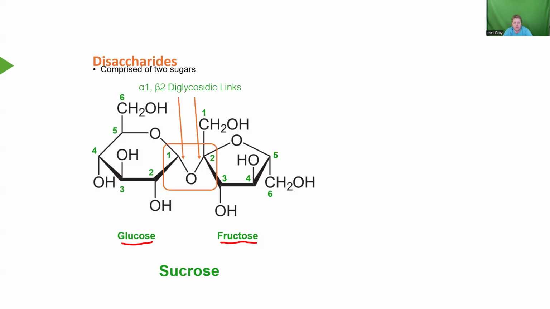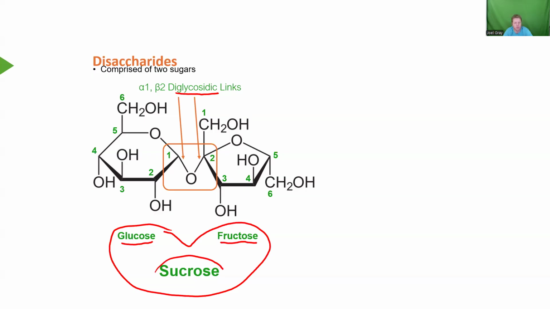Now, the linkage between them is known as a glycosidic linkage. Okay. What I want you to take away from this is not that it's a glycosidic linkage. I want you to know that sucrose is a disaccharide of glucose and fructose. Look at that. It looks like a heart, but it also kind of looks like a face.